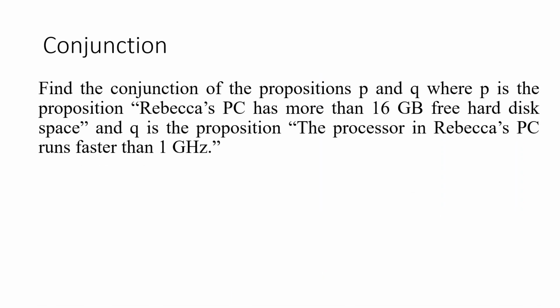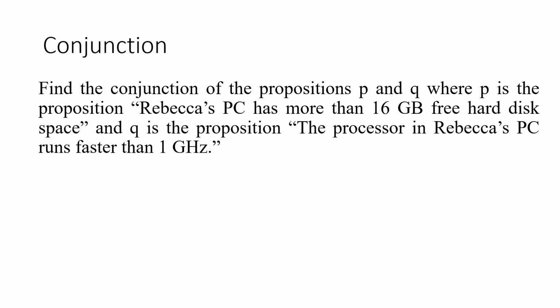Find the conjunction of the propositions P and Q, where P is the proposition "Rebecca's PC has more than 16 gig free hard disk space," and Q is the proposition "the processor of Rebecca's PC runs faster than 1 gigahertz."